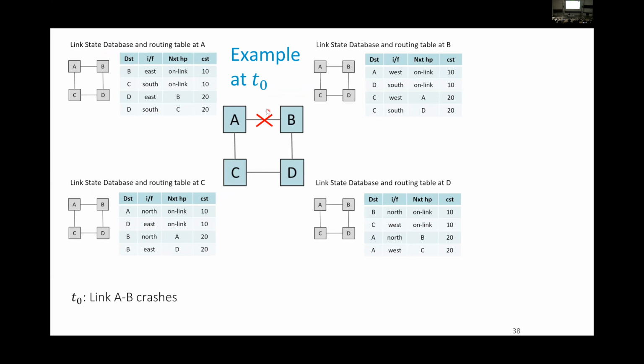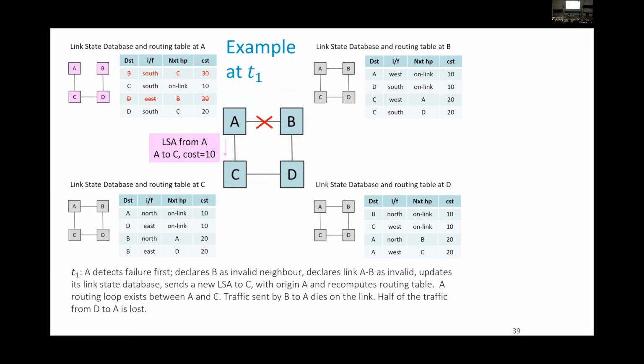Let's see here, assume the link between A and B breaks. What I'm showing here is the state of the routing tables at the 4 routers, and on the left, the topology database. In a very pictorial form, the topology database is simply a picture of the network here. Now this link breaks. This will be detected by A. How does A detect it? Well, there are various mechanisms.